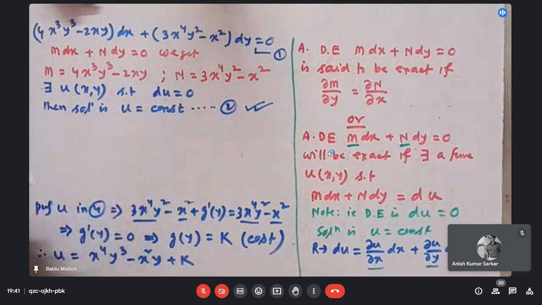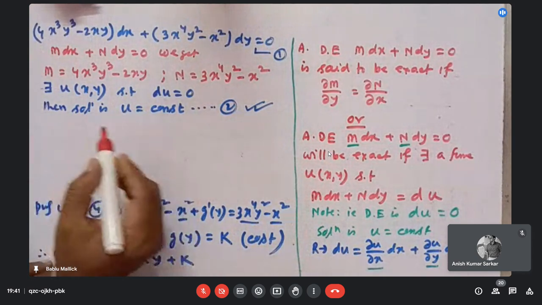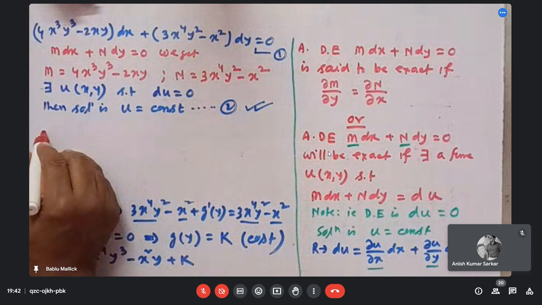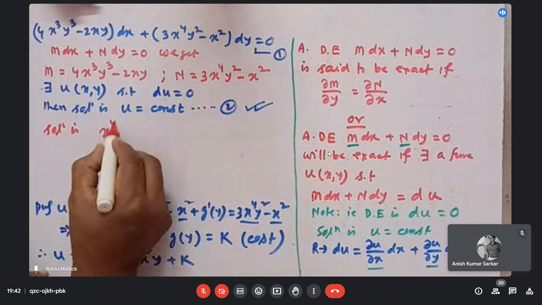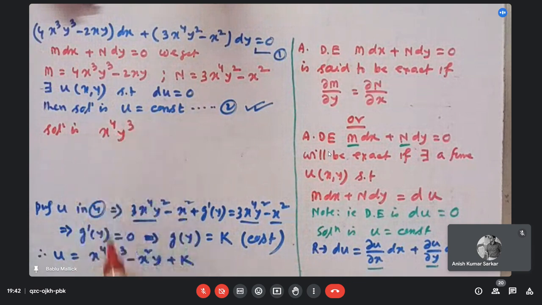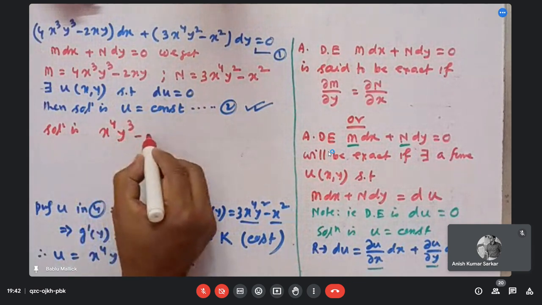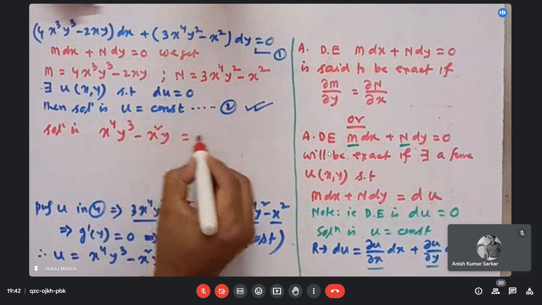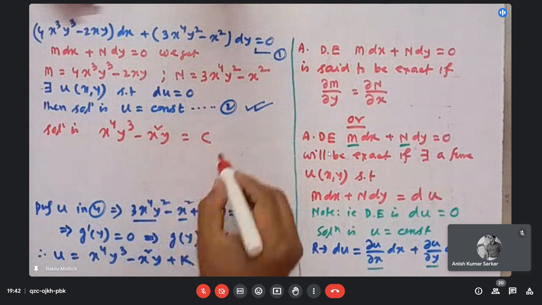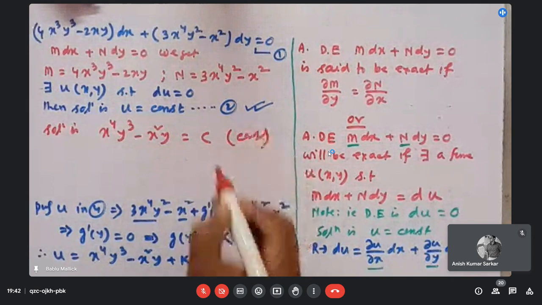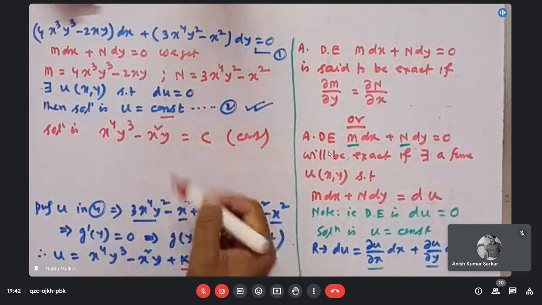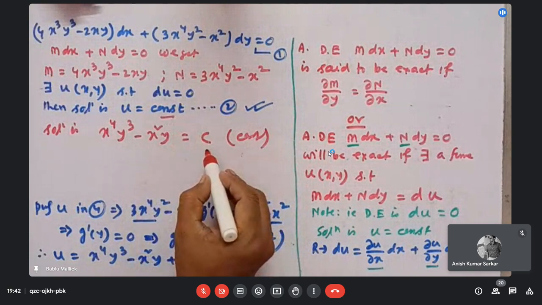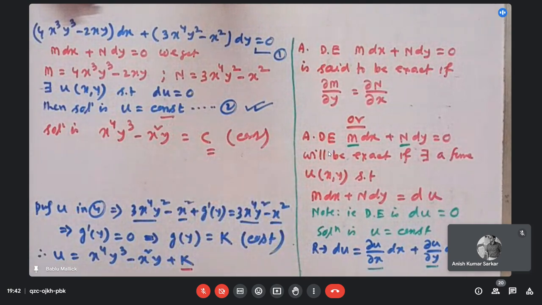So if I put the value of u here, the solution is x to the power 4 y cube minus x square into y is equal to some c, constant. Here this constant and this constant together will give you a new constant c. So this is the solution.